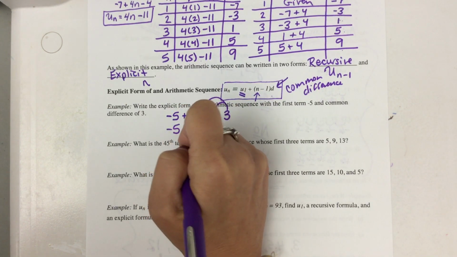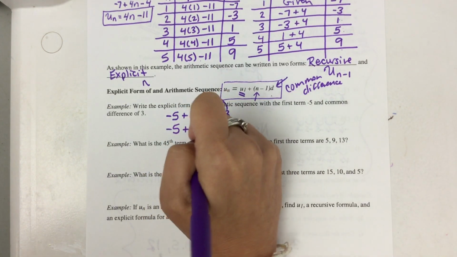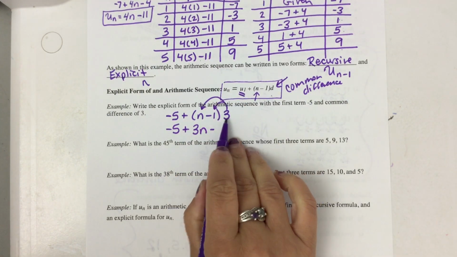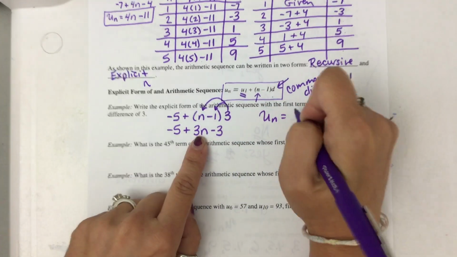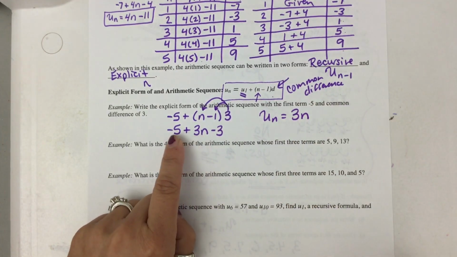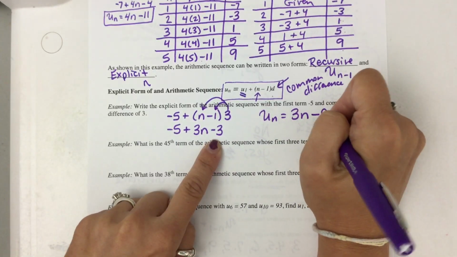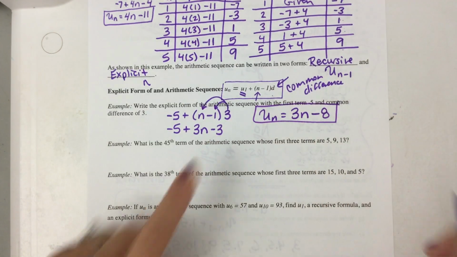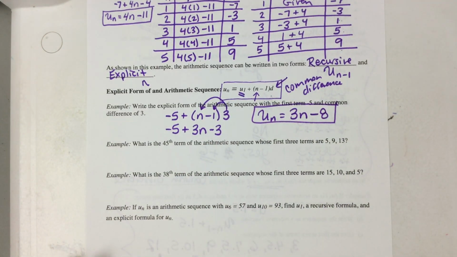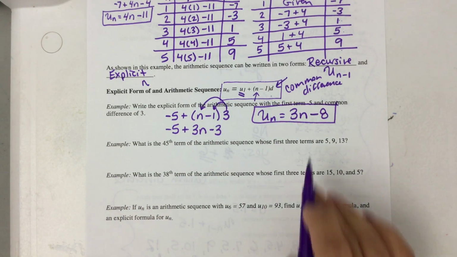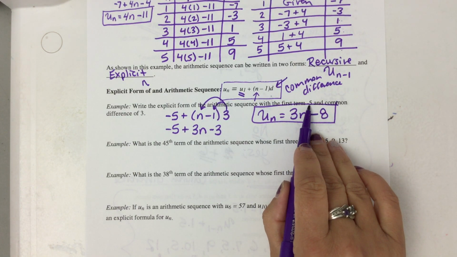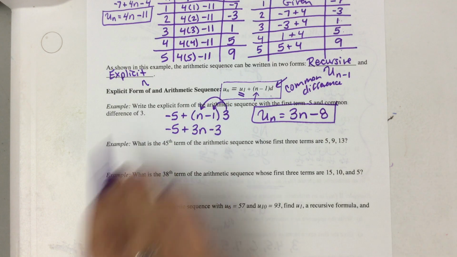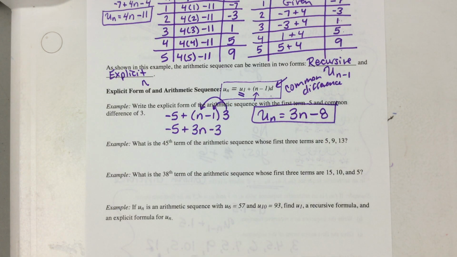So -5 plus 3 times n is 3n minus 3 times 1 is 3. Combine the like terms, so I have 3n, -5 minus 3 more is a -8. There is an explicit formula to find whatever number of term you would like to find if your first value is a -5, and to get from one term to the next, you are always adding a 3.